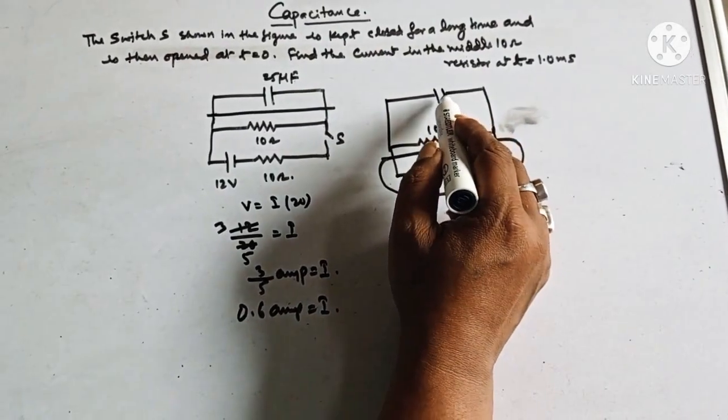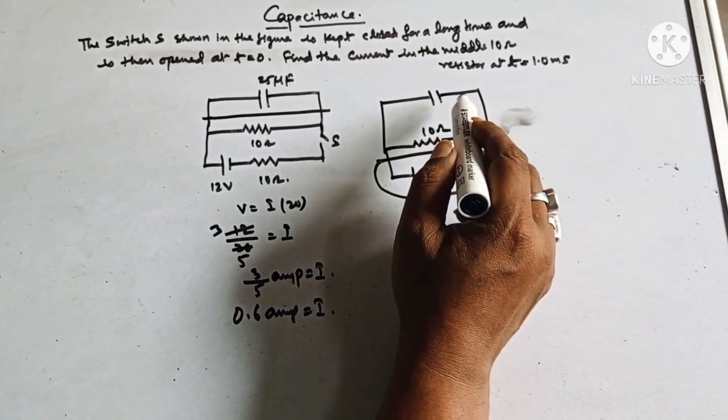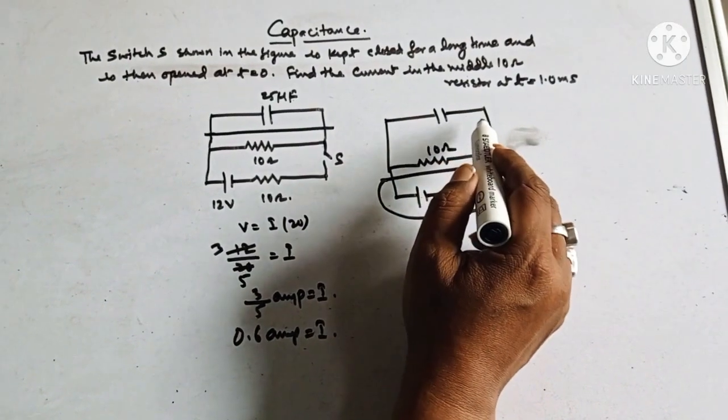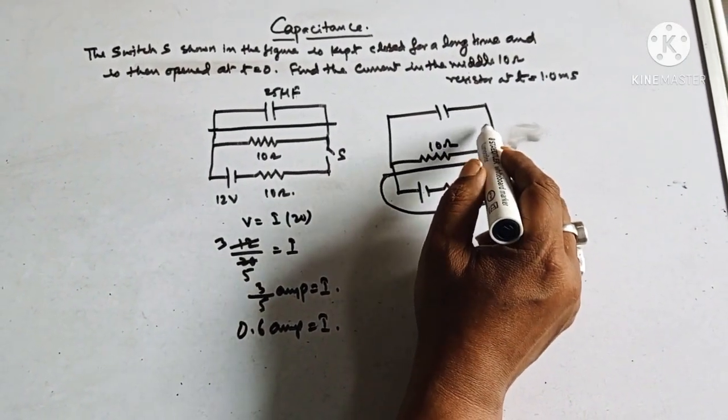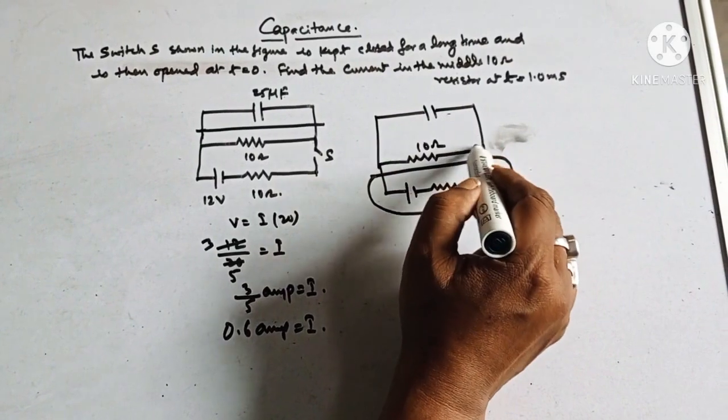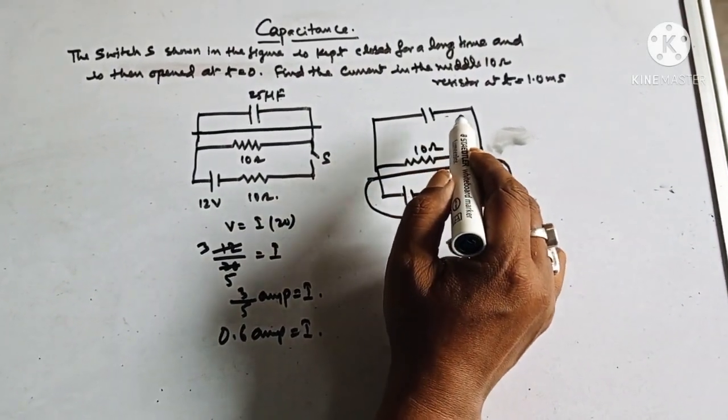That means the capacitance starts to discharge, and current flows through this circuit. For that discharging, Q = Q0 e^(-t/CR).